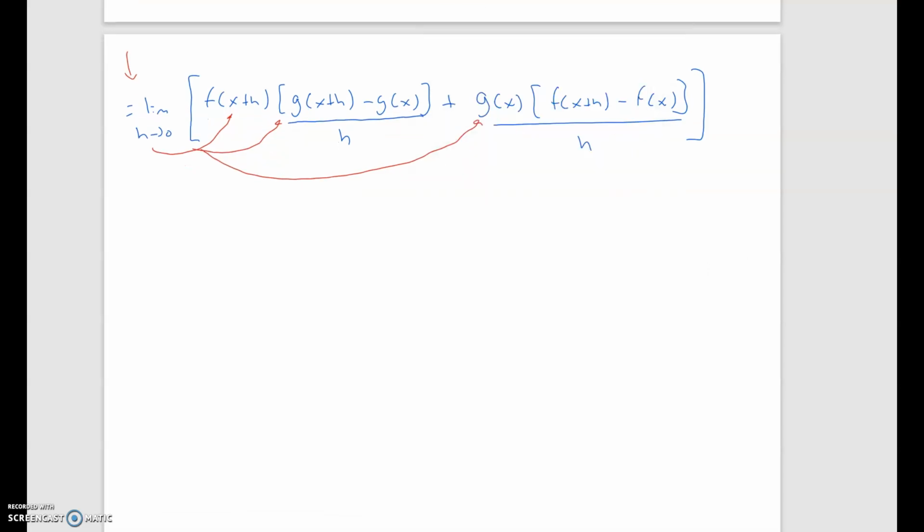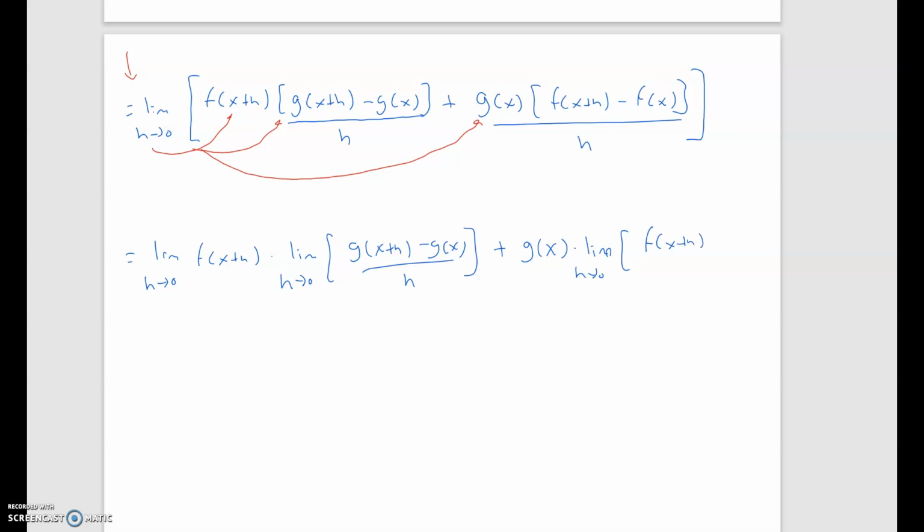So I'm going to rewrite the numerator as the limit as h approaches 0 of f of x plus h times the limit as h approaches 0 of g of x plus h minus g of x over h, plus, and this represents a constant since it doesn't have any h's, so this will just be g of x times the limit as h approaches 0 of f of x plus h minus f of x over h.